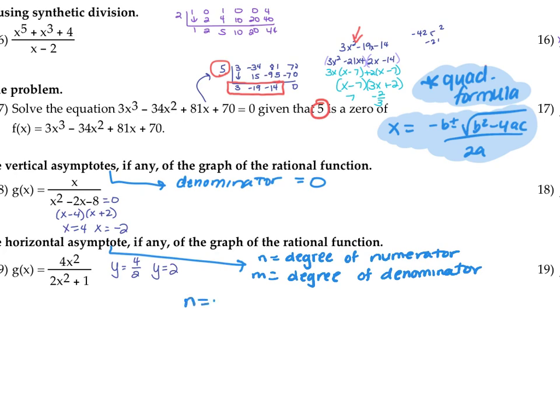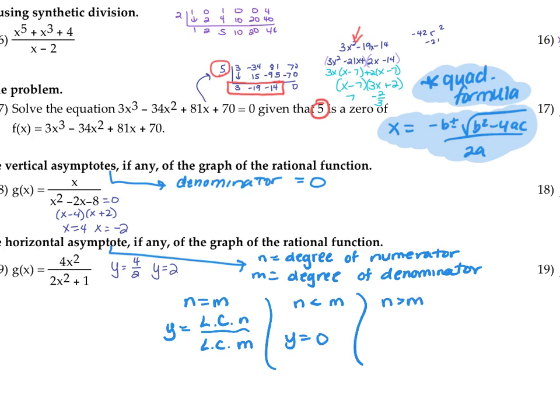If they are equal to each other, then it's y equals the leading coefficient of the numerator over the leading coefficient of the denominator. If n is less than m, then y equals 0 is your horizontal asymptote. And if n is greater than m, there is no horizontal asymptote. There could be a slant, okay, but there's no horizontal.